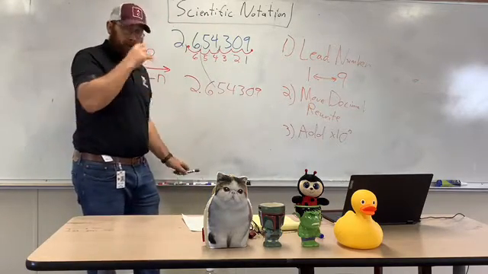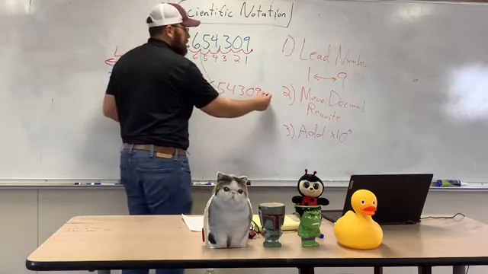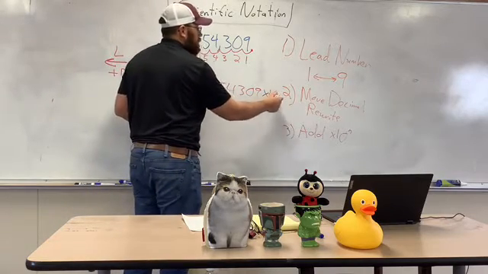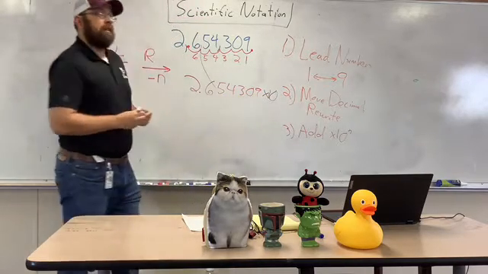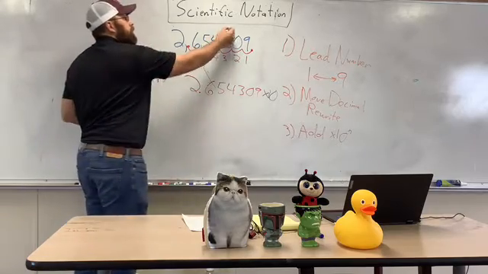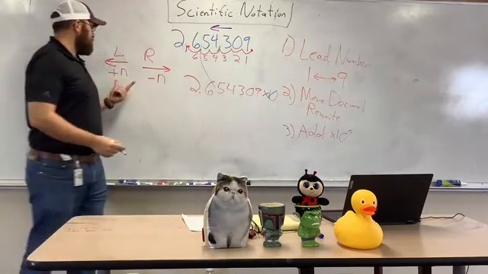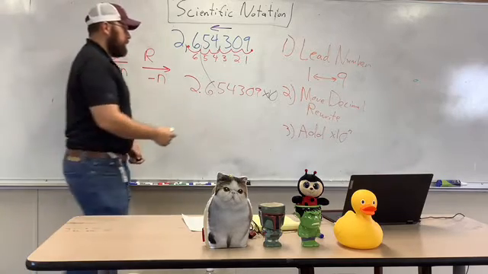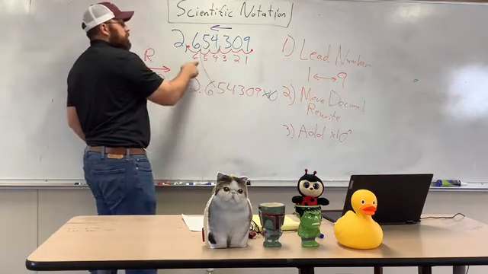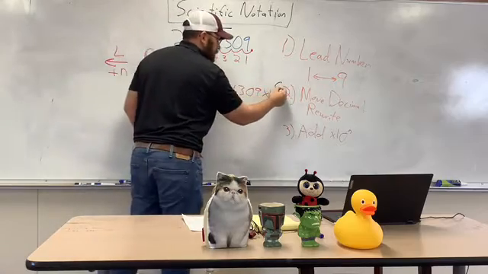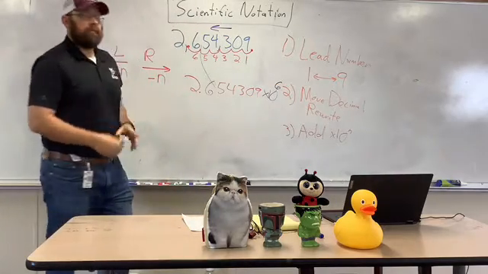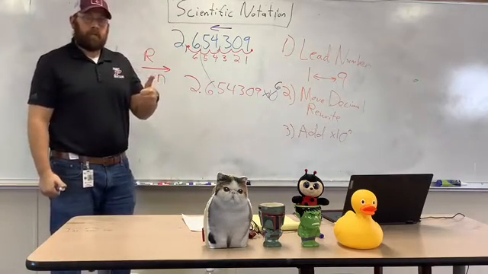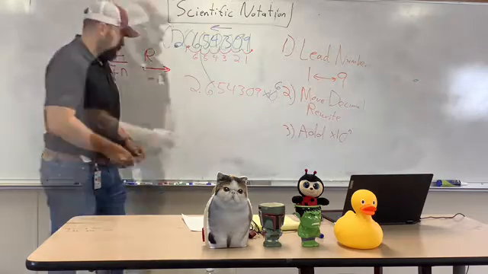Now for step 3, we do a times 10. But to what number? Alright, we move the decimal this direction, which is left. So I'm going to have a positive exponent. So positive what? 6. There's your answer.